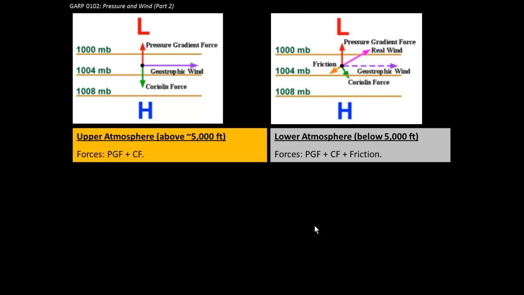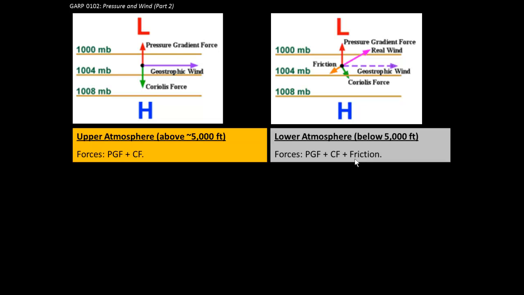Again, upper atmosphere versus lower atmosphere. Upper atmosphere, you've got two forces, pressure gradient force and Coriolis force. Lower atmosphere, close to the ground surface, you still have the pressure gradient force, you still have the Coriolis force, but you also have the friction force.